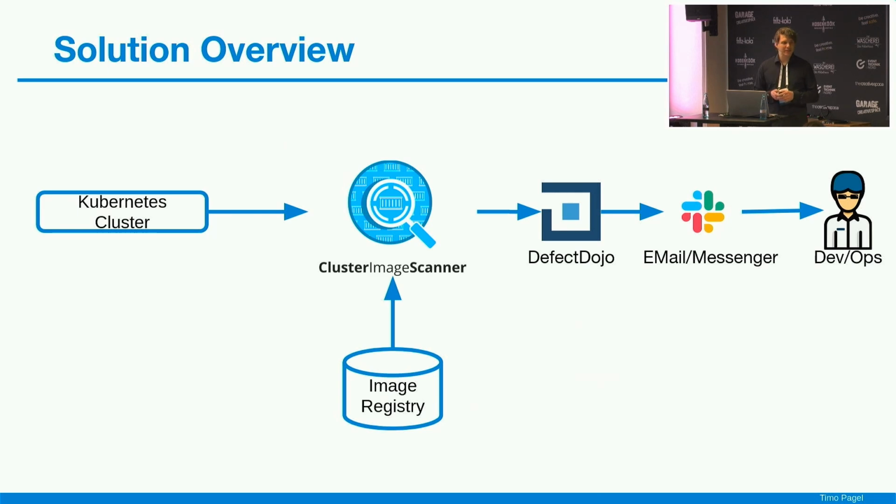Now let us dig a tiny bit deeper. So you have the Kubernetes clusters. Then we have the cluster image scanner, which pulls the images from the registry. Then I put the findings in Defect Dojo. Defect Dojo is a vulnerability management system. There are also commercial alternatives, but I don't know one good open source alternative.